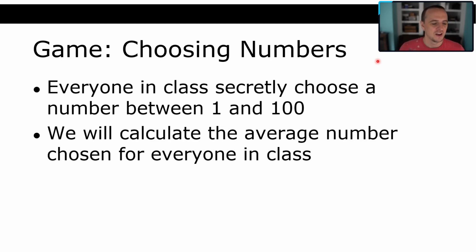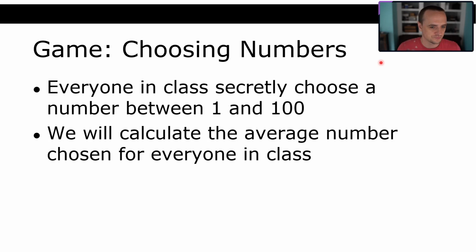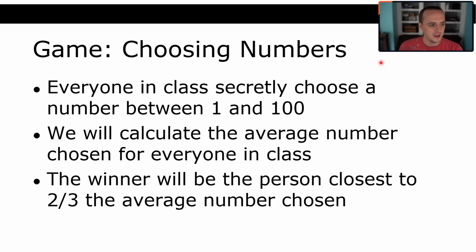So what you are going to do is secretly choose a number between 1 and 100. I'm going to calculate the average number chosen by everyone in class, and the winner is going to be the person who chooses closest to 2/3 of the average number chosen. Okay?